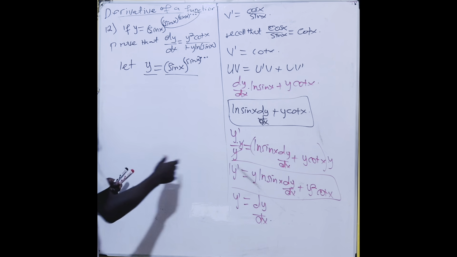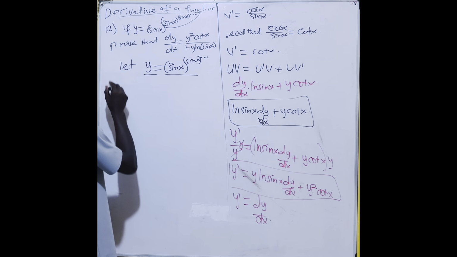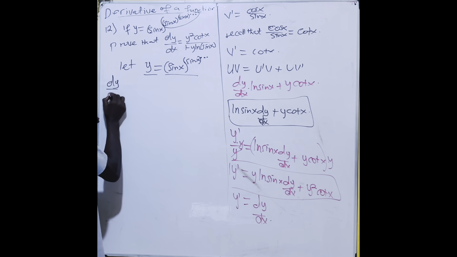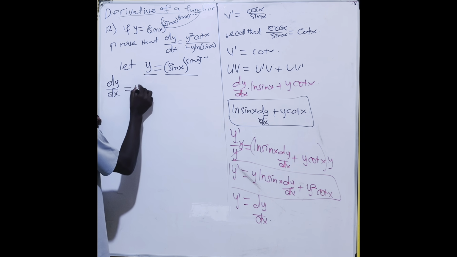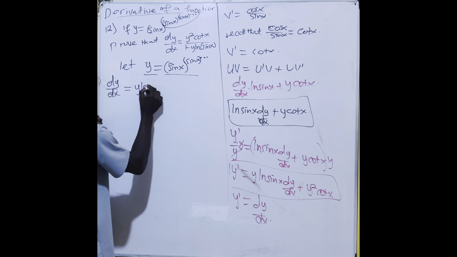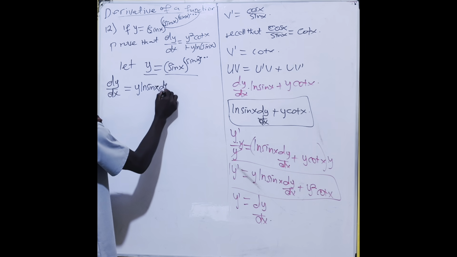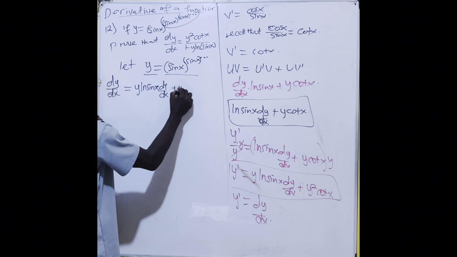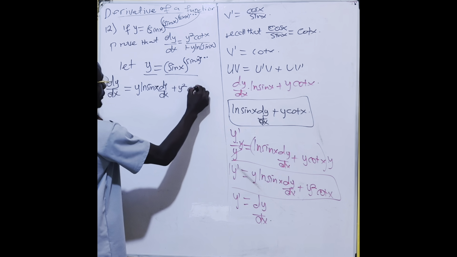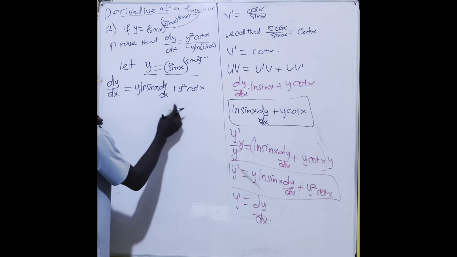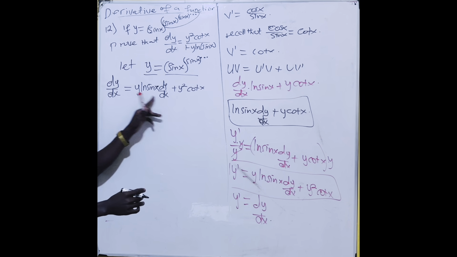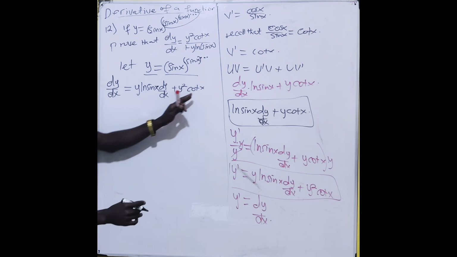Okay, so we're going to substitute that to have dy/dx equals y ln sine x dy/dx plus y squared cot x. Okay, so now we bring this here and then remain this here.